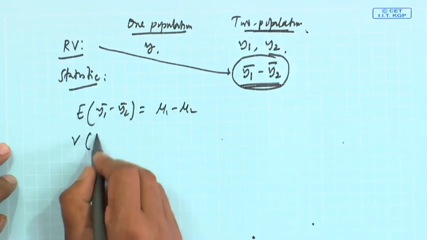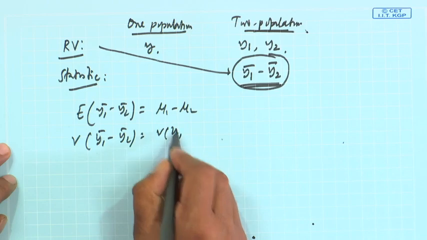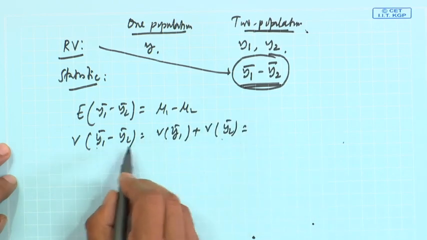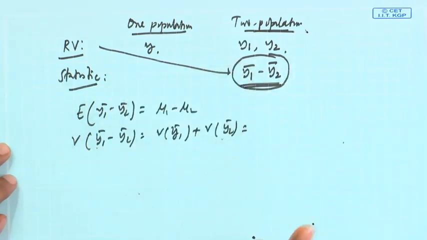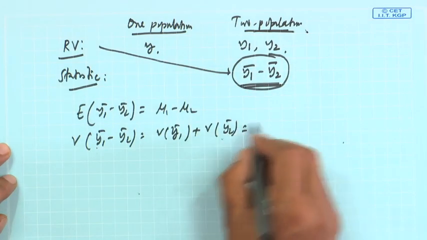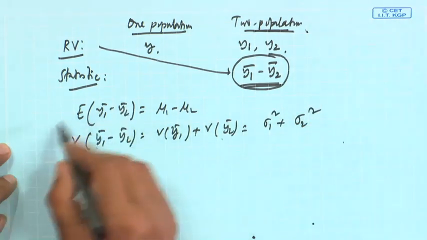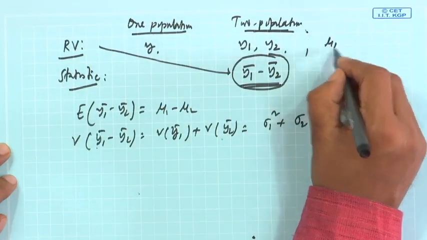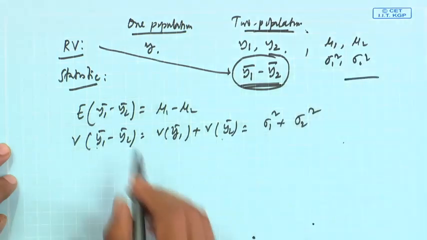You also require the variance of y1 bar minus y2 bar, it will be the variance of y1 bar plus the variance of y2 bar, because y1 bar and y2 bar are coming from two different populations, they are independent. The two population means are mu 1 and mu 2 and the variances are sigma 1 square and sigma 2 square.